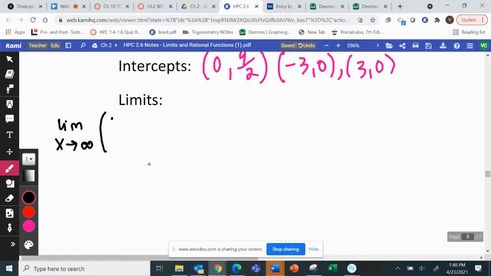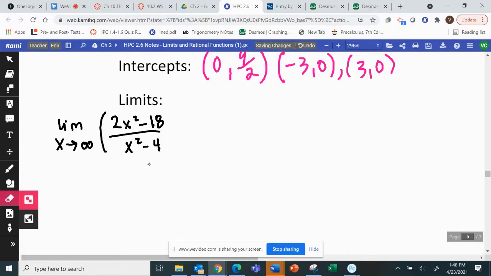I'm going to use the original because when I justify this one with limits, this is the one where I want to divide by or multiply the top and bottom by 1 over x squared.